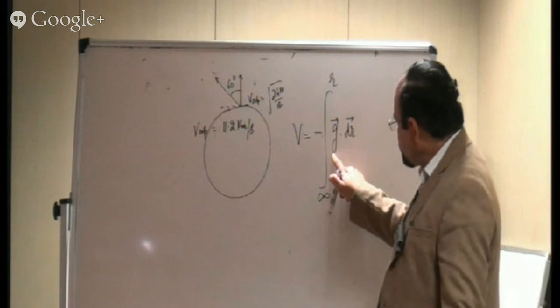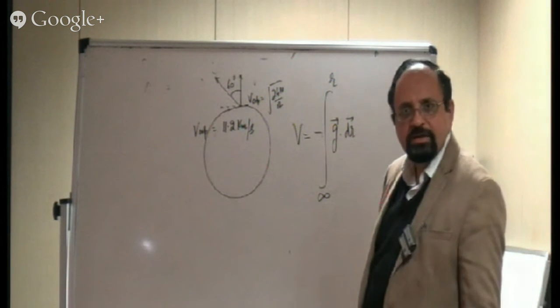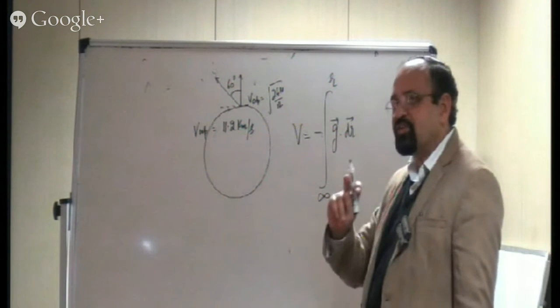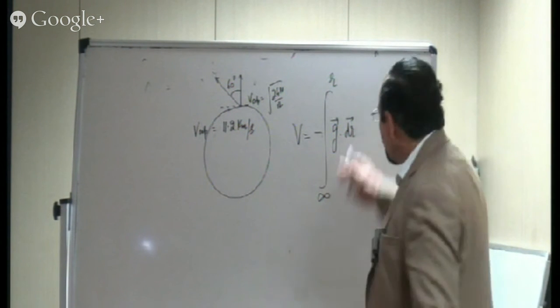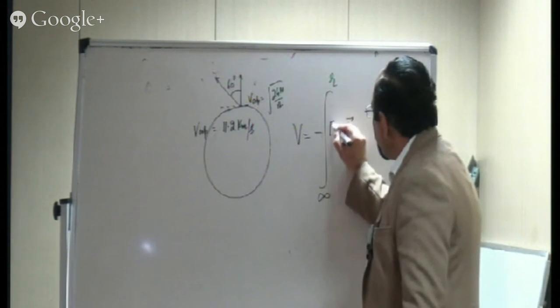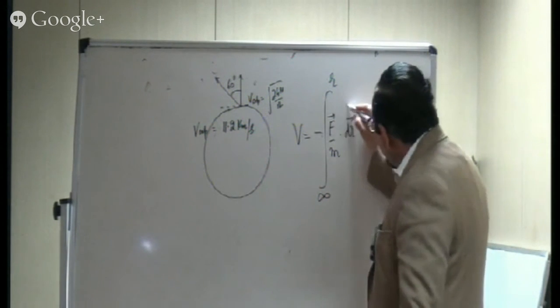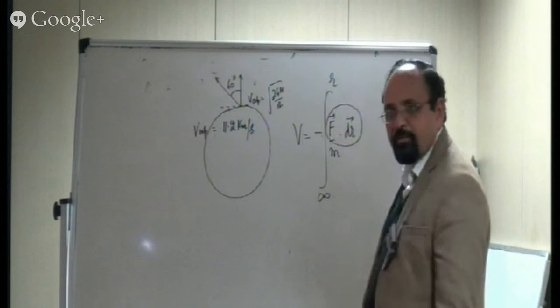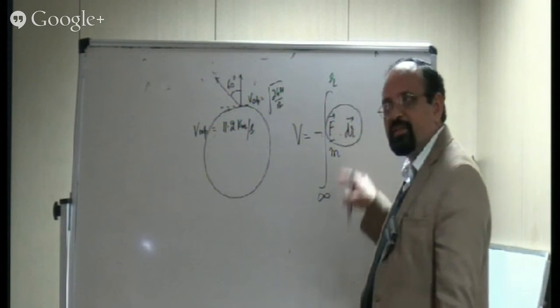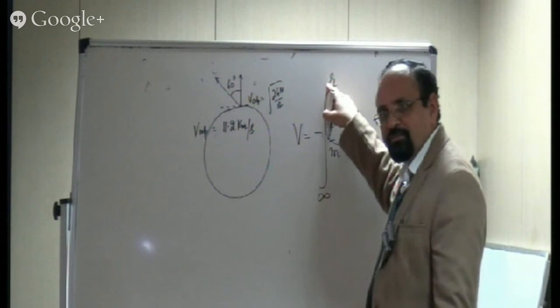Look, instead of the force I have here g, and g is the acceleration due to gravity. Can I write this as force by mass? Can I say this is the work done per unit mass in bringing the body from infinity to that position?